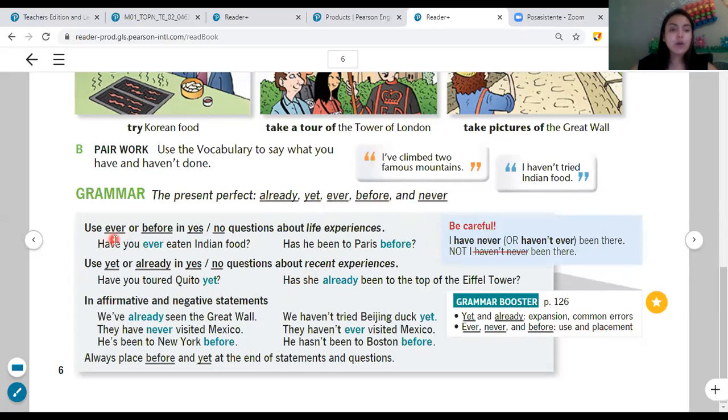Use ever or before in yes, no questions about life experiences. Use yet or already in yes, no questions about recent experiences.